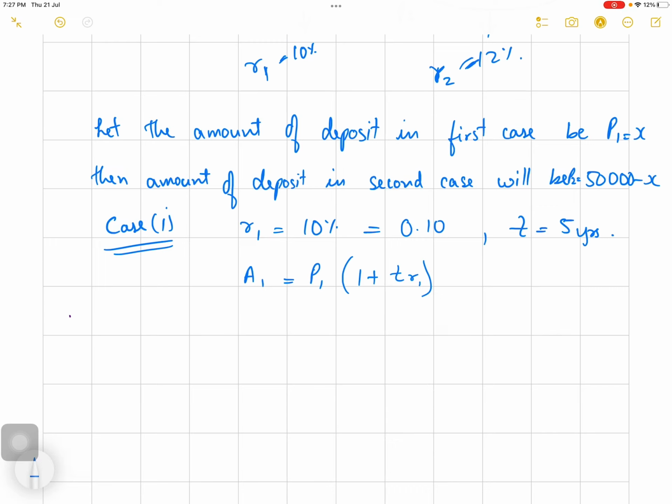A1 we don't know. P1 is x. 1 plus T, T is 5 and R is 0.10, so x into (1 plus 5 into 0.10).